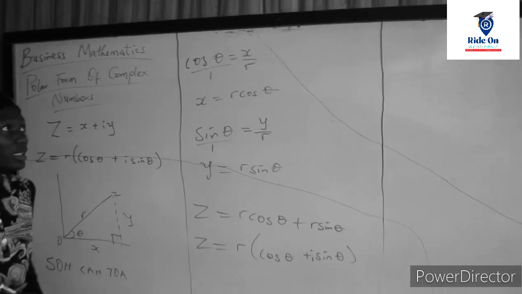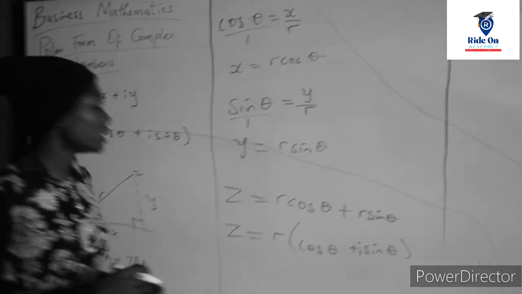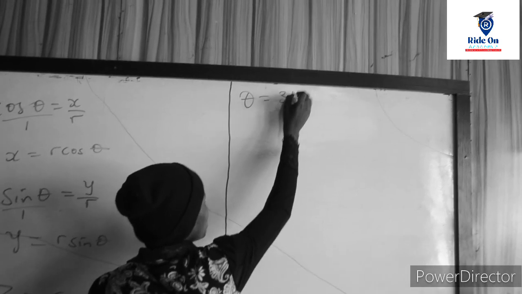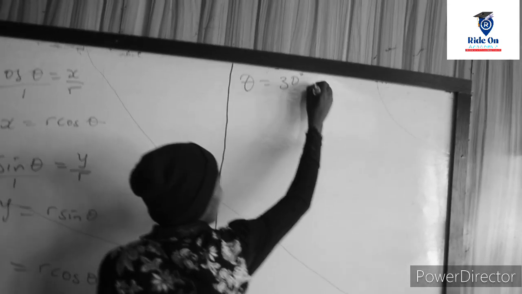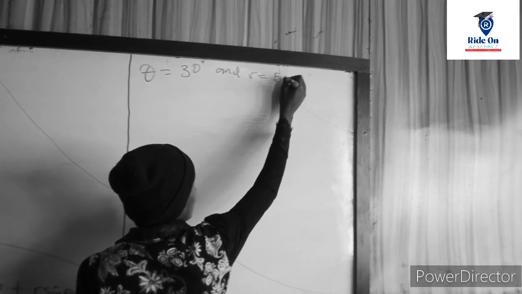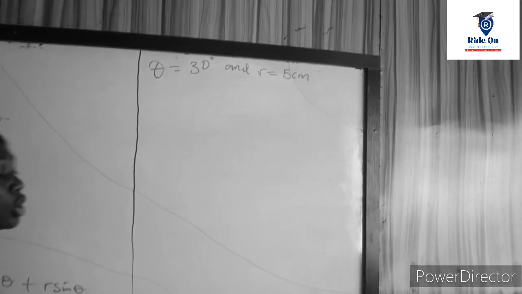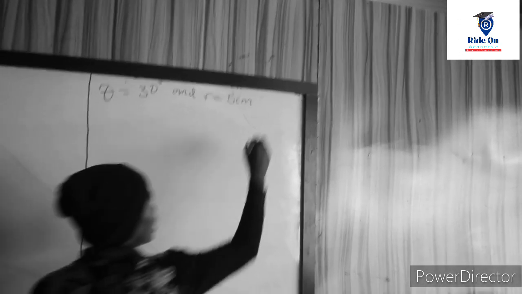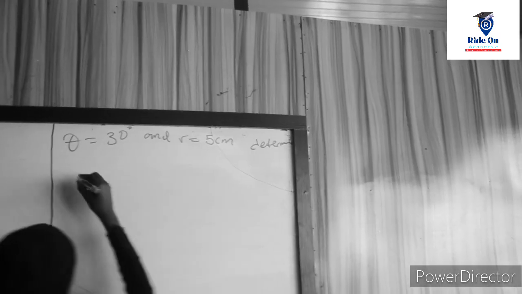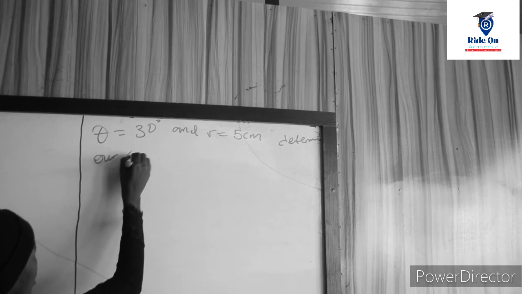Okay? So now let's use an example. Given that theta is equal to 30 degrees and r is equal to 5 centimeters, okay, we want to determine our complex number.